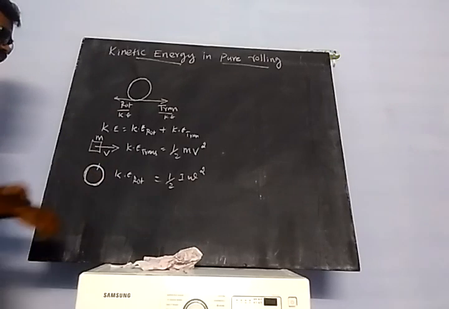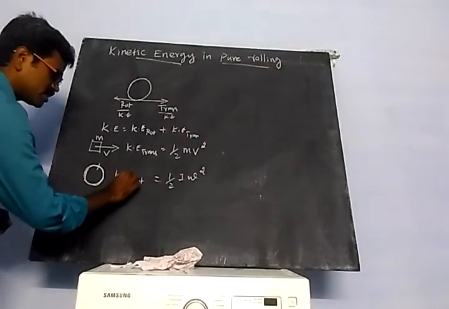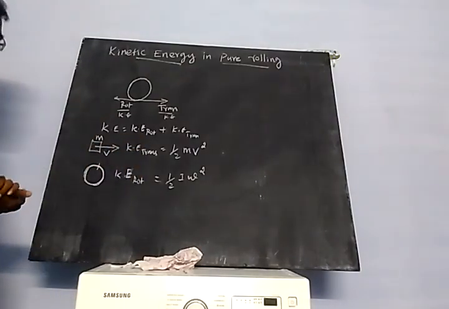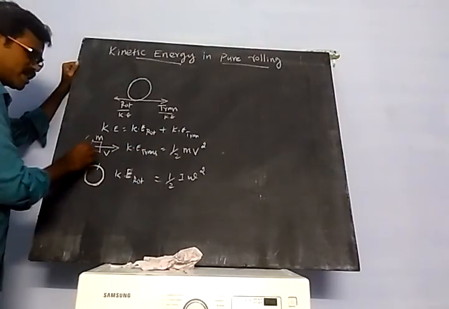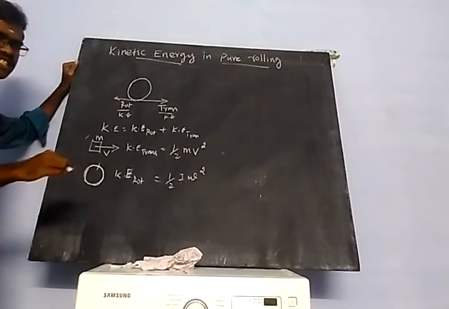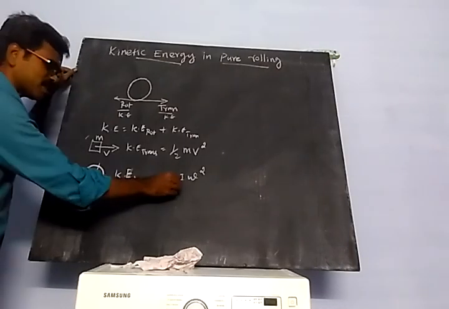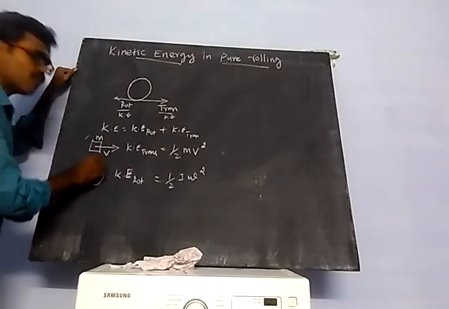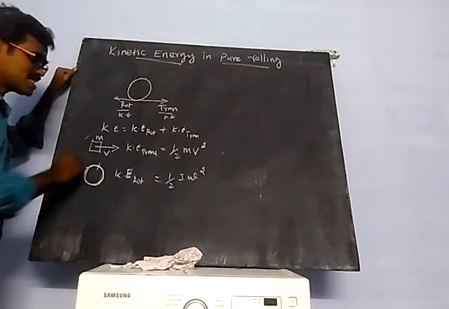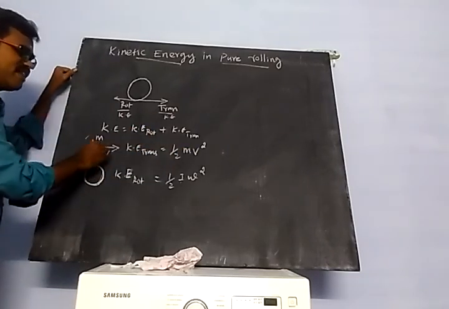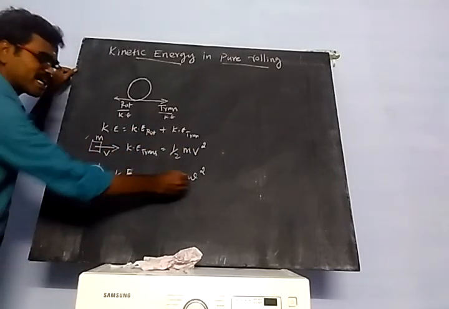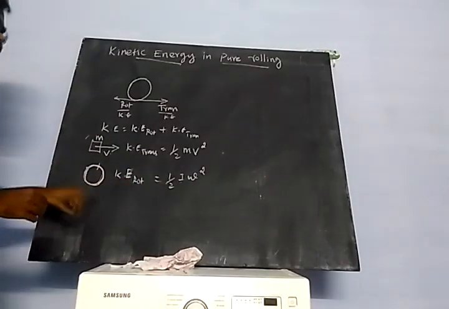So kinetic energy in rotational motion is equal to half I omega square. Here m is the mass of the object, I is the moment of inertia, which represents the mass of a circular object, v is the linear velocity of the object, and omega is the angular velocity of the object.